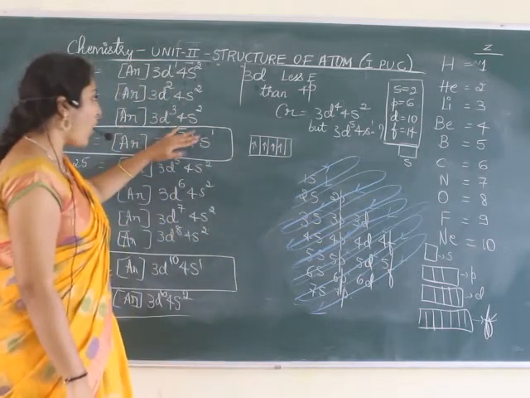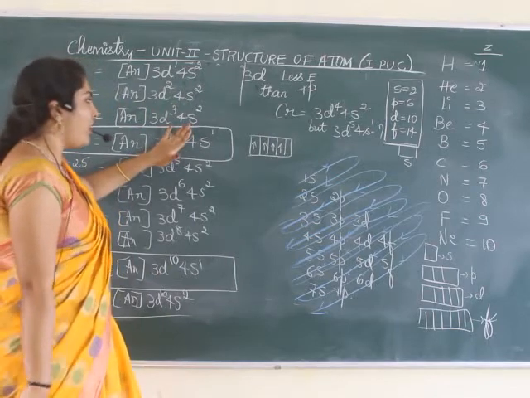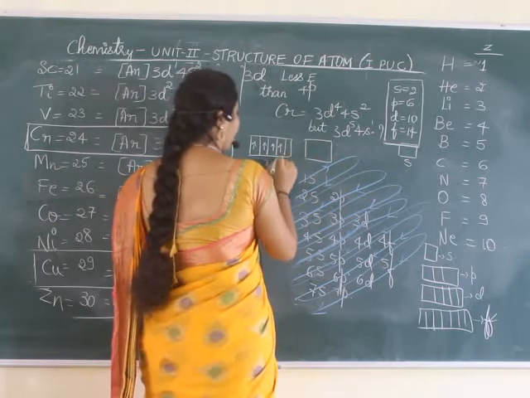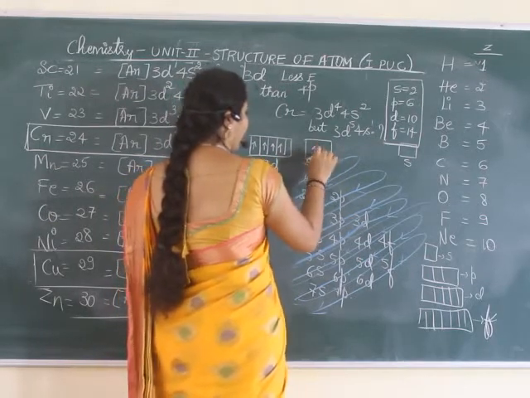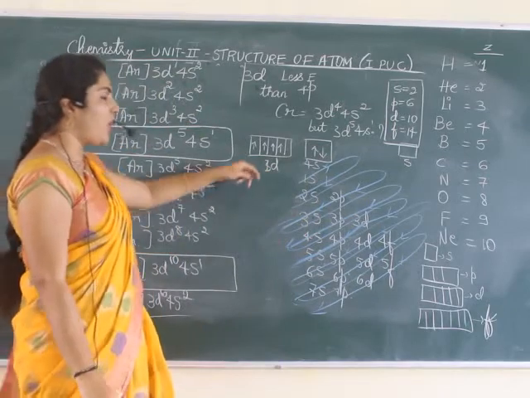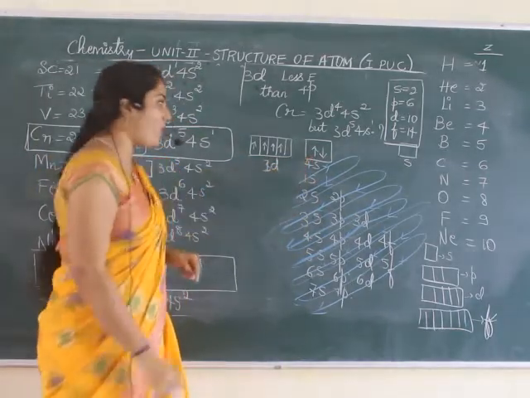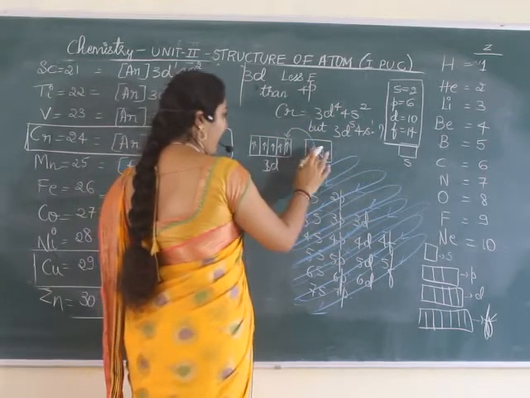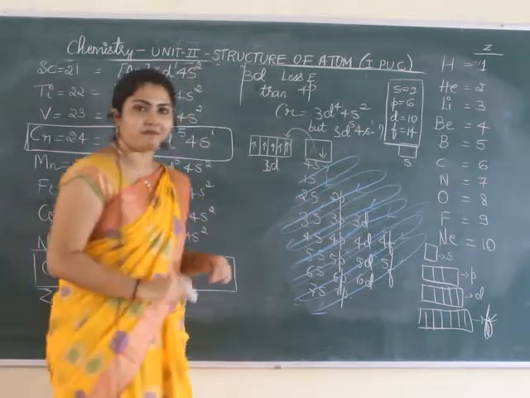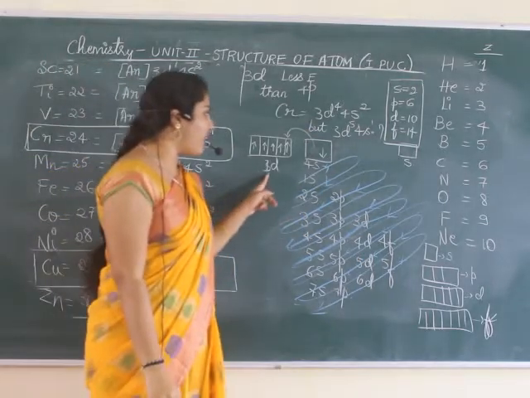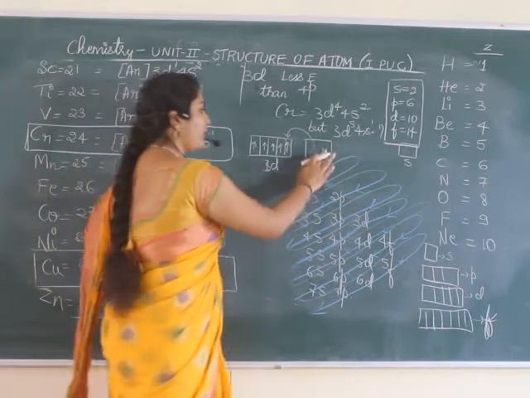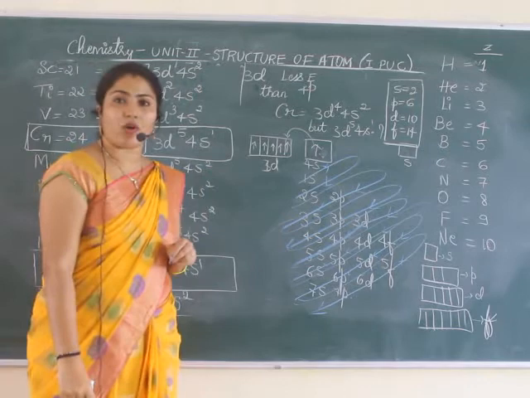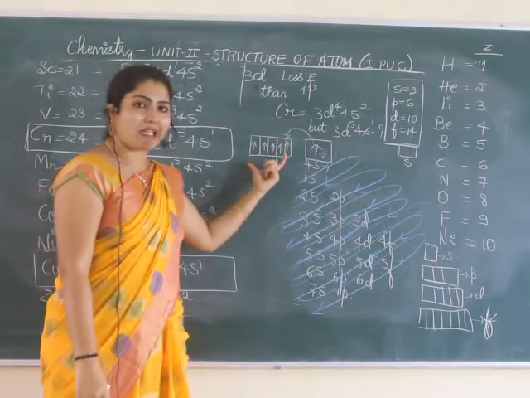In proper order, I should have written 3d4 and then 4s2. But what has happened is that one electron from the s orbital has jumped to the d orbital and it has become 3d5 and 4s1. The reason is that here it is exactly half filled.